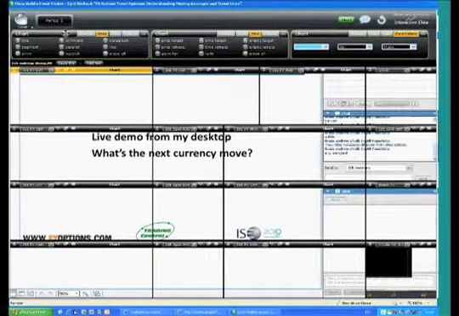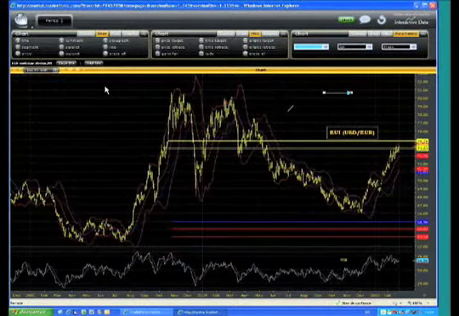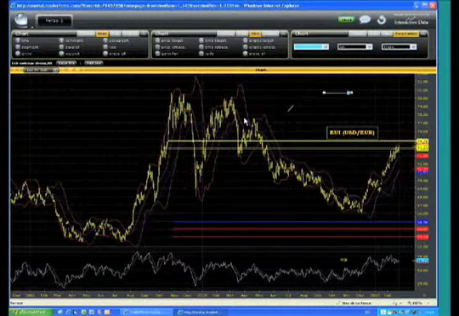So the US dollar against the euro. It's really very interesting on the US dollar right now, because we have two different ways, depending on the pair you analyze.